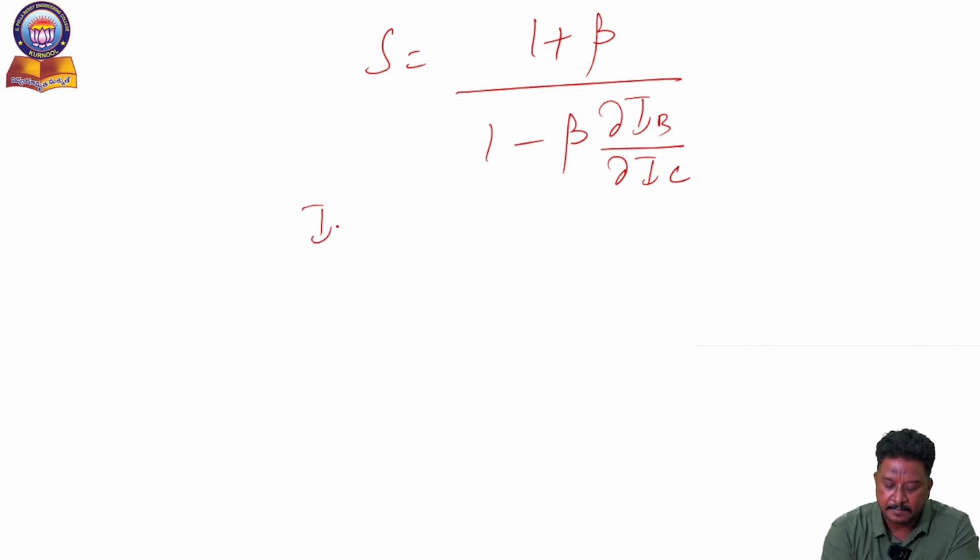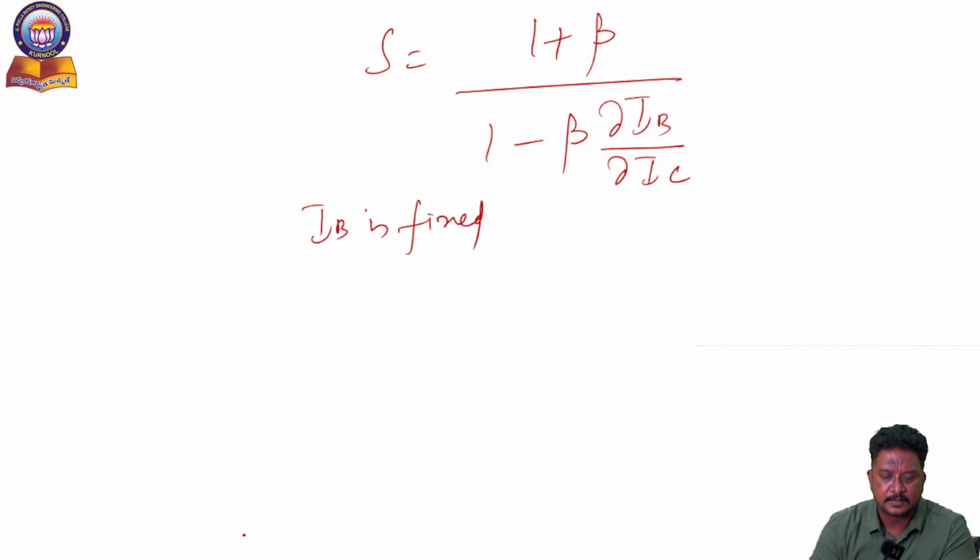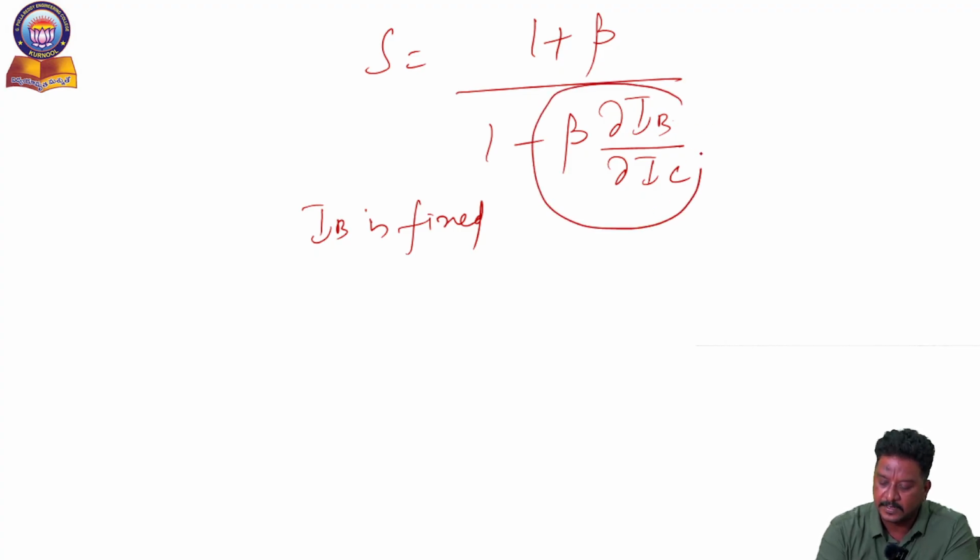Here IB is fixed, so IB is a constant value. Differentiating the constant with respect to IC, this value becomes 0.